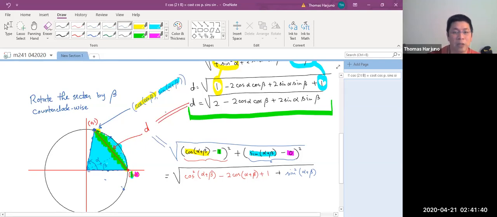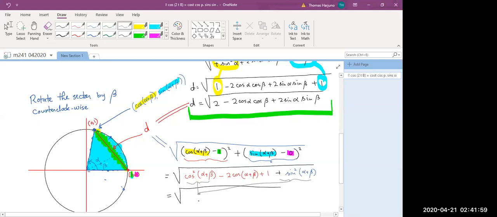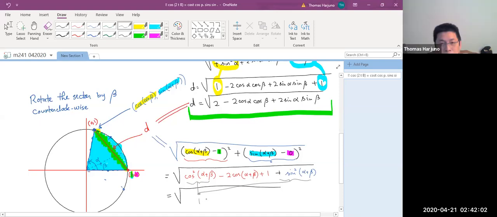Okay, now notice that this guy plus this guy give you what? This guy plus that guy give you 1. 1, and then I continue minus 2 cosine alpha plus beta plus 1.